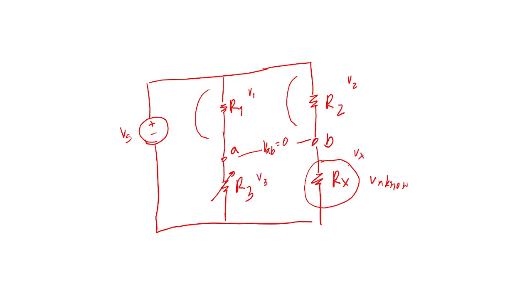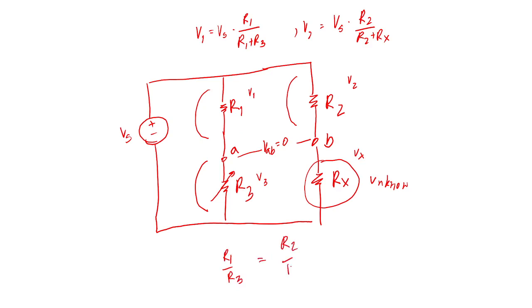If we apply the voltage divider, V1 is Vs times R1 divided by R1 plus R3, and V2 is Vs times R2 divided by R2 plus Rx. So in this case, the ratio of R1 to R3 will equal the ratio of R2 to Rx.